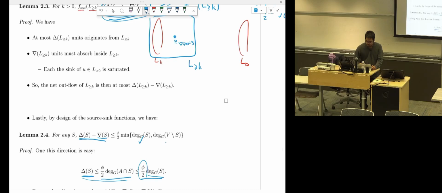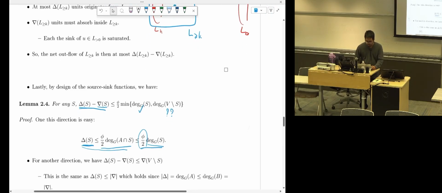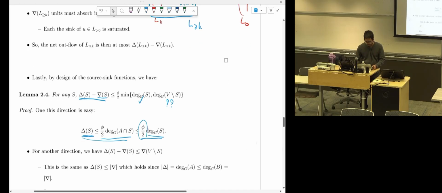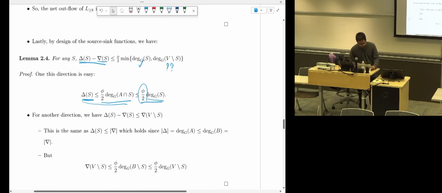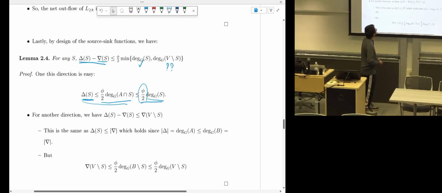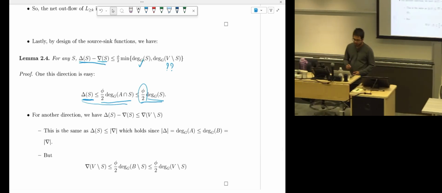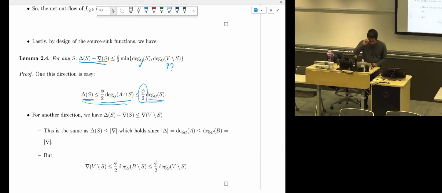How about this part? Well, we just do it from the other side. You can have a look, but I can just go through it quickly; it's not too illuminating.